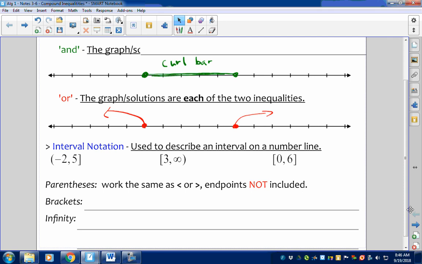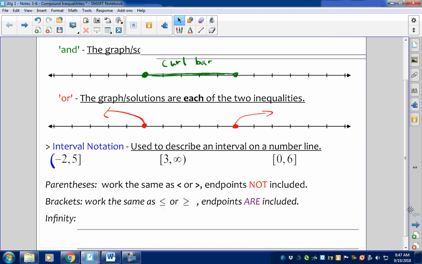So this is a parenthesis right here, or rounded parentheses, or we call them open parentheses in higher level math. That's another way of saying we want all the numbers greater than -2, but in this case less than or equal to 5.